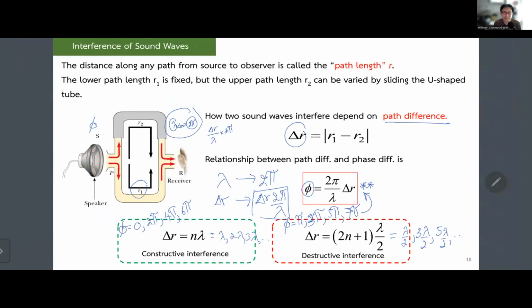Okay. I say done a lot today, right? It's too much. I would say if I want to summarize what I've been talking about for the past half hour, you have only two things to talk about. First, when more than one wave meets at a single point, the overall effect is simple. Just add them.